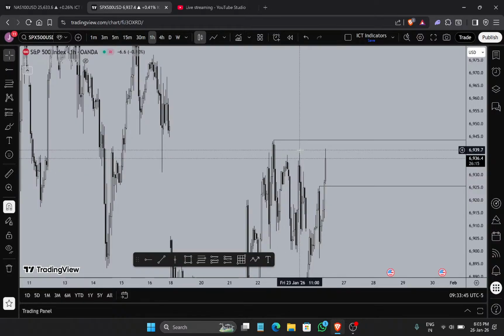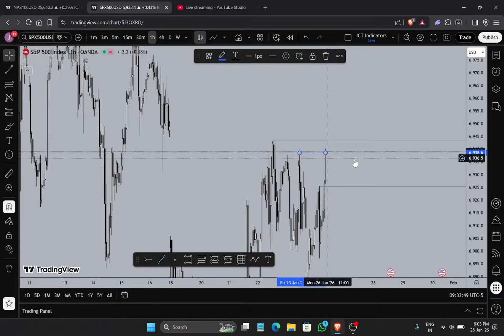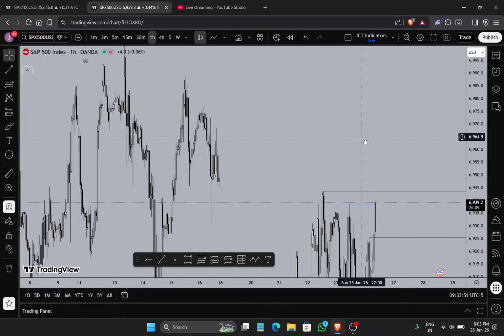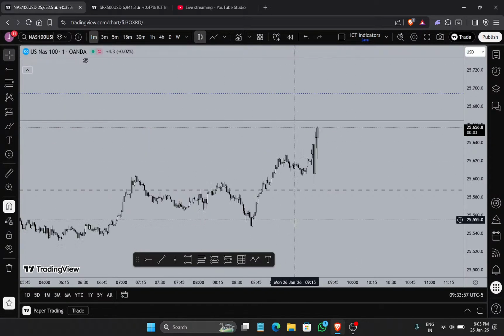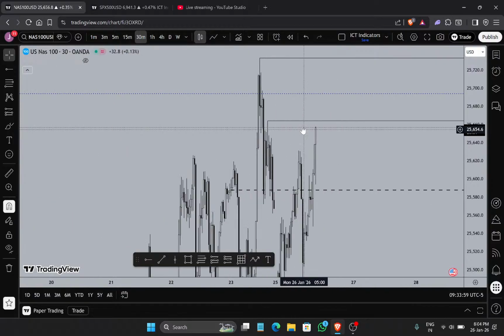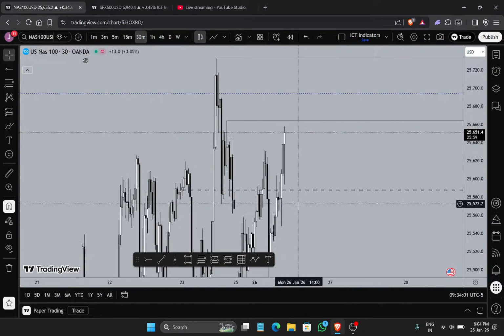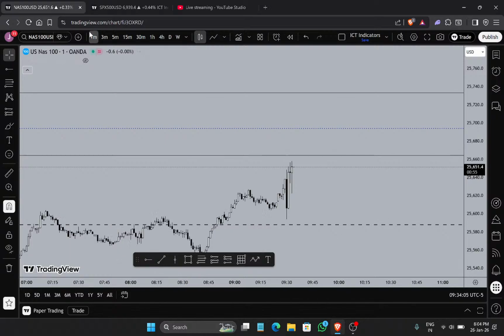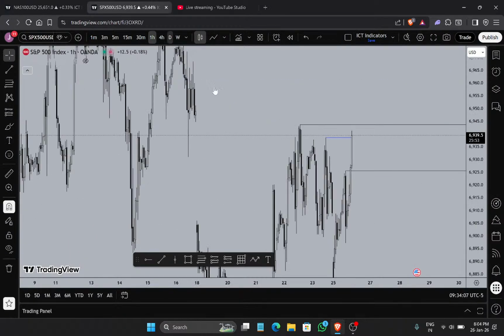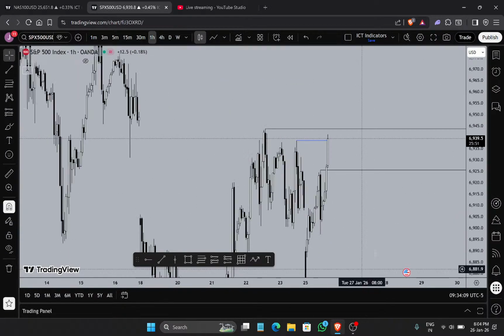So we already took the obvious draws, so we can shift our bias. I mean, this clearly says that we can shift our bias.